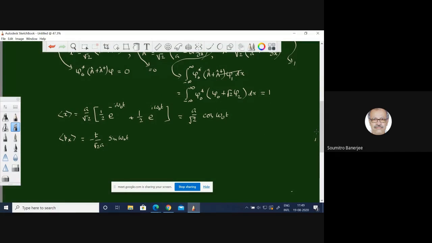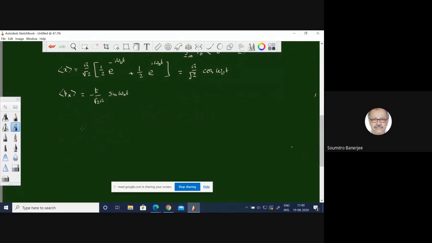No. I suppose you have learned also about the dynamics of the free particle. For a free particle, where the potential function is 0, you have probably learned this last semester. If you have not learned, then you will just tell me.